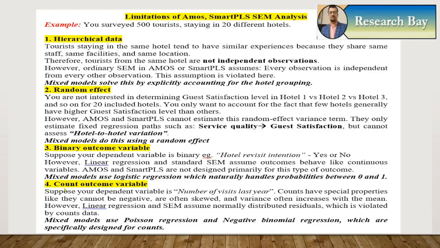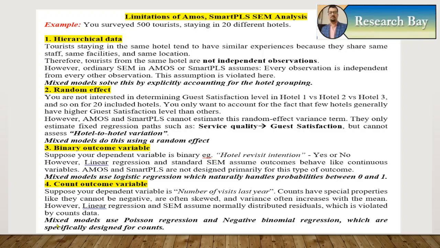Fourth is count outcome variable. Suppose your dependent variable is number of visits last year. The counts have special properties like they cannot be negative, they are often skewed, and variance often increases with the mean. However, linear regression and structural equation modeling assume normally distributed residuals, which is violated by count data.